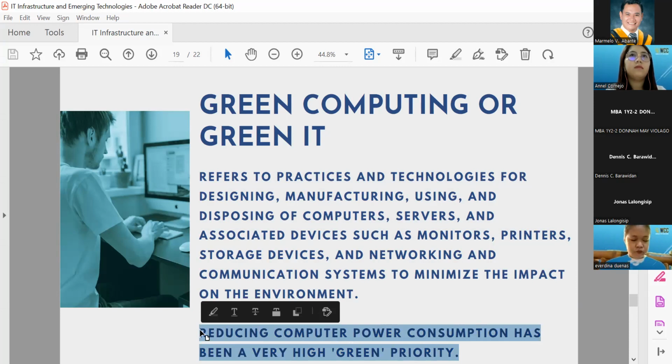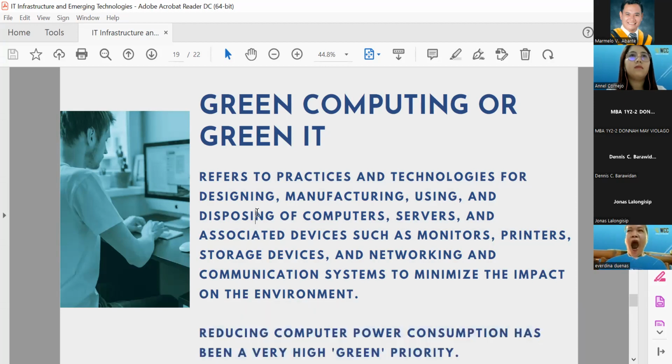Aside from those, kasi pagka yung mga mainframes natin, usually umiinit yan eh. So, kailangan malamig yung room. So, isa yun dun sa kanilang pinagtutuunan ngayon, yung paggawa ng mga computer hardware natin na hindi masyadong umiinit, hindi masyadong kailangan ng energy or electricity to cool the room.